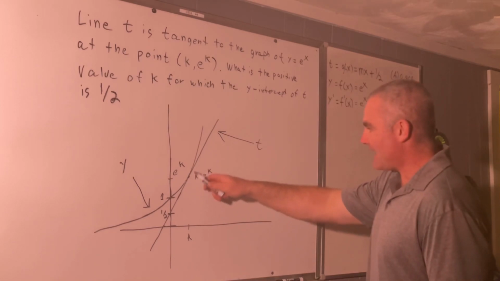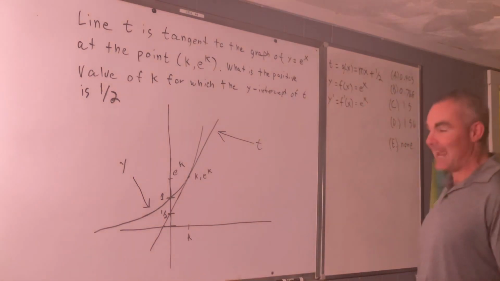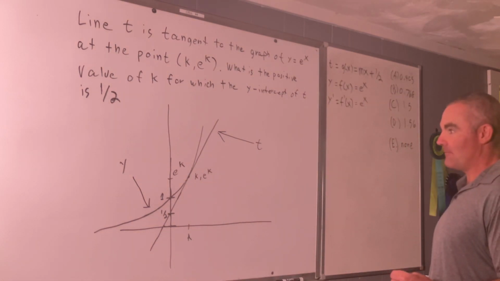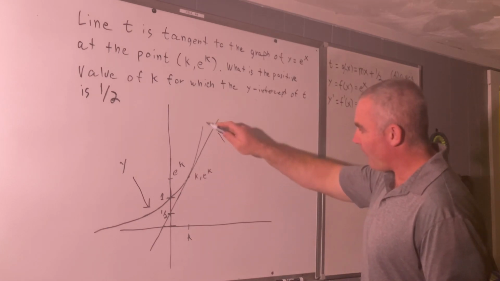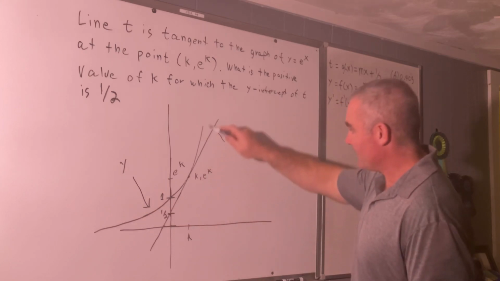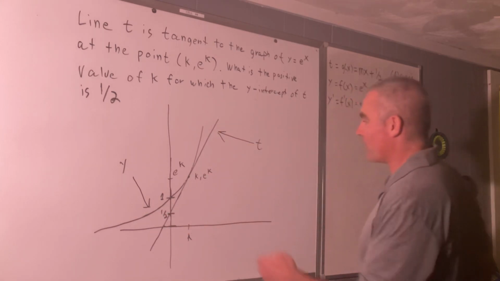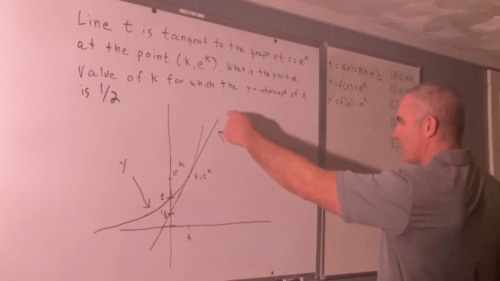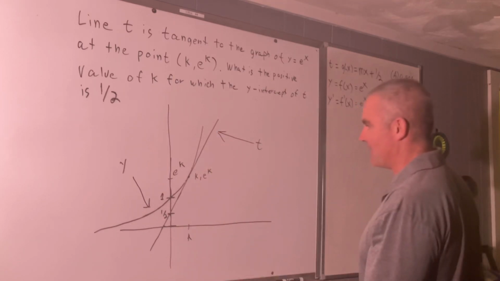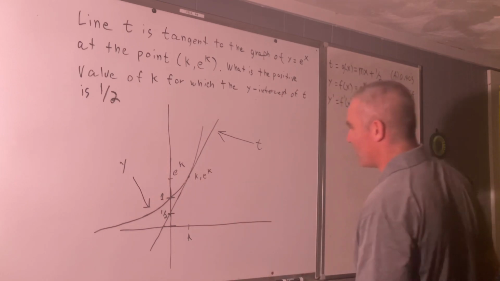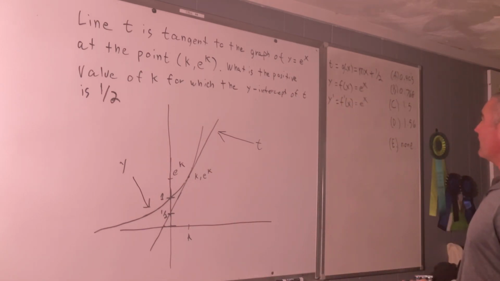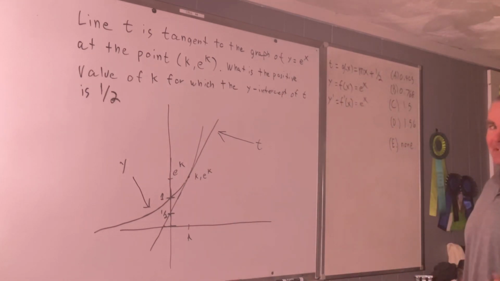Well, they intersect at the point (k, e to the k). All right, so this point right here falls on this curve. Therefore, the slope of this must be e to the k, because it intersects right here at (k, e to the k). So the slope of t has to be e to the k.